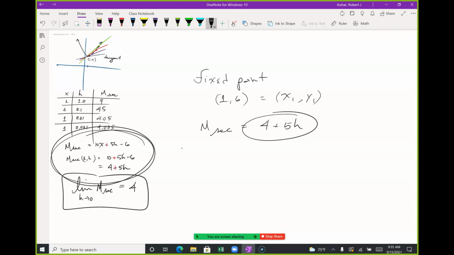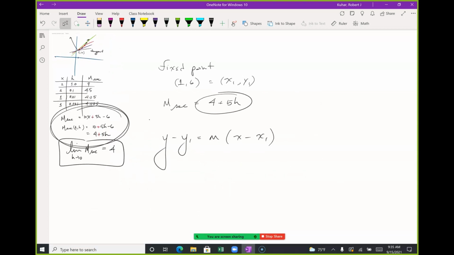And I need the equation of a line, which is y minus y sub 1 equals m times the quantity x minus x sub 1. And I'm going to fill all that in before I go to Desmos, before I go to my calculator, before I draw my rough sketch on the test, right? I'm doing all of this work. So what do I get? I get y minus 6 equals 4 plus 5h all times x minus 1.